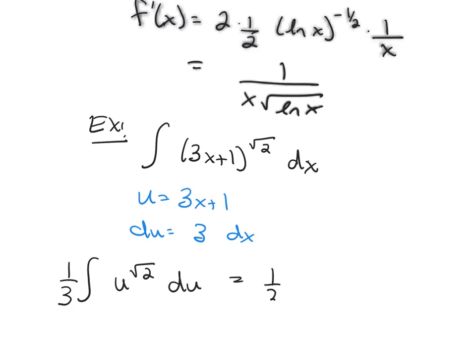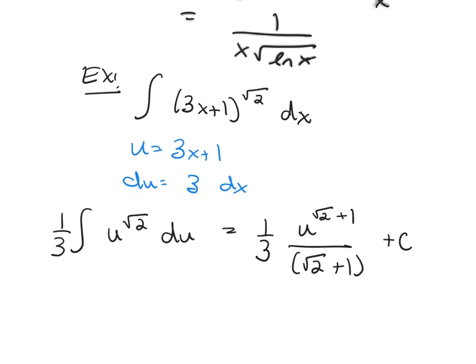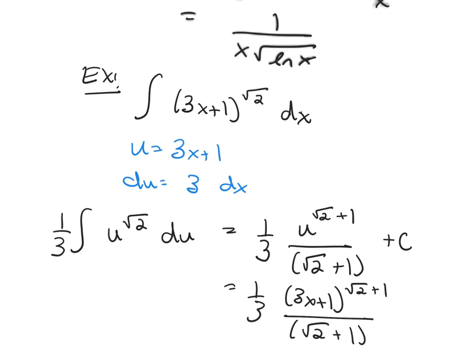So I'd get 1/3 u to the square root of 2 plus 1, divided by that number, plus c, and then plug in for u at the end, okay? So 1/3, (3x plus 1) to the square root of 2 plus 1, divided by square root of 2 plus 1, plus c, okay?